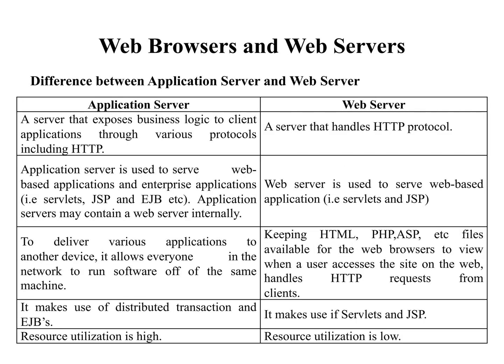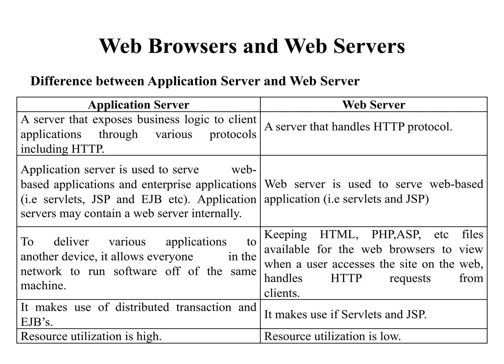Let's see the difference between application server and web server. Application server exposes the business logic to client applications through protocols including HTTP. But web server handles the HTTP protocol.